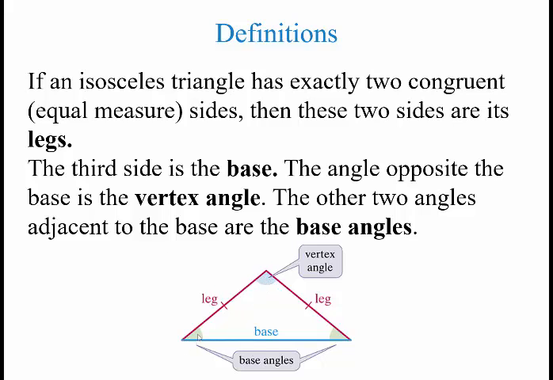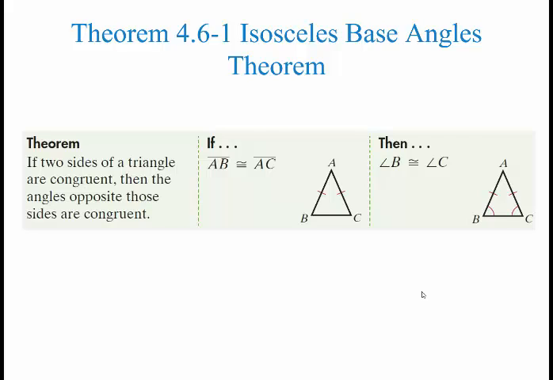The other two angles adjacent to the base are what we call base angles. So the two congruent sides are the legs, opposite that is the base, the angle opposite the base is the vertex angle, and the angles adjacent to the base are the base angles.